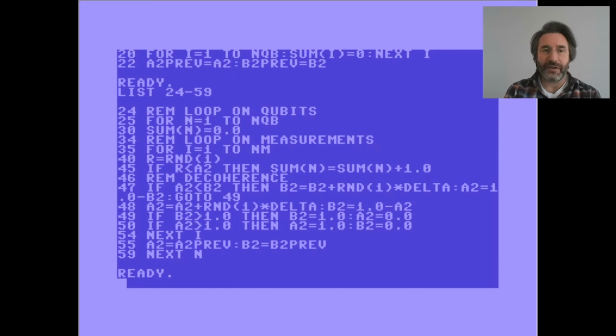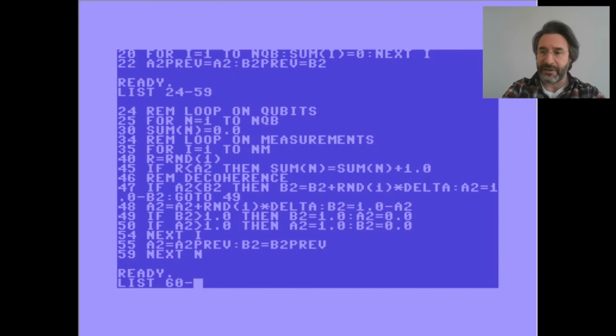On line 59, we store the original value of A2 and B2 again, so that in practice we are mimicking the fact that the qubit is again prepared in that original superposition of states before a measurement is performed. So we can now go ahead with the rest of the code.